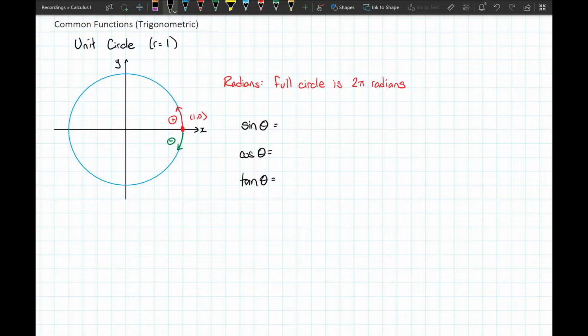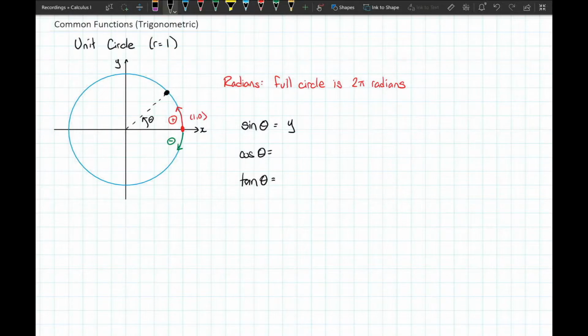Sine theta: if we start at the point (1, 0), travel around the circle, and end up at some coordinate further around, the angle we've traveled through is theta, which is also the distance around the circle that we've traveled because it's a radius of 1. Sine theta is defined as the y coordinate.